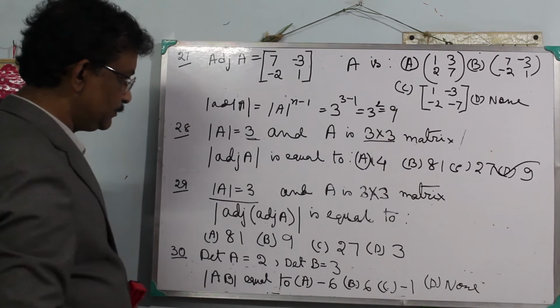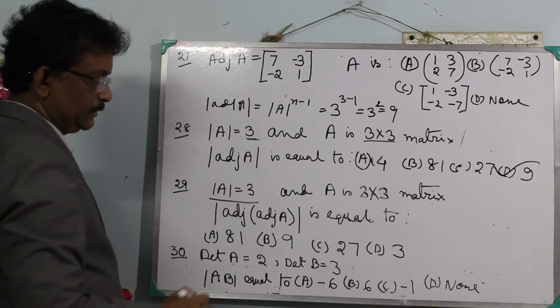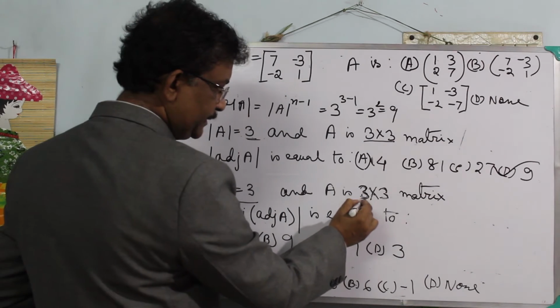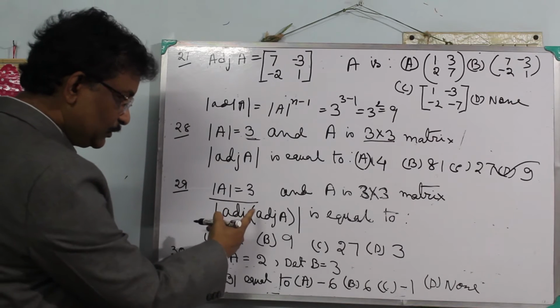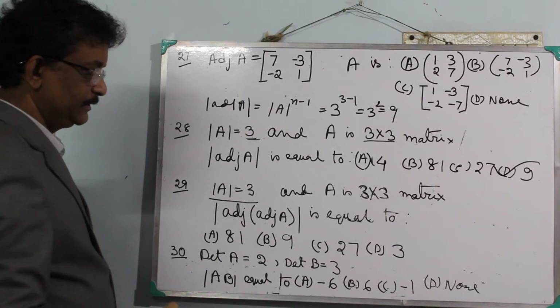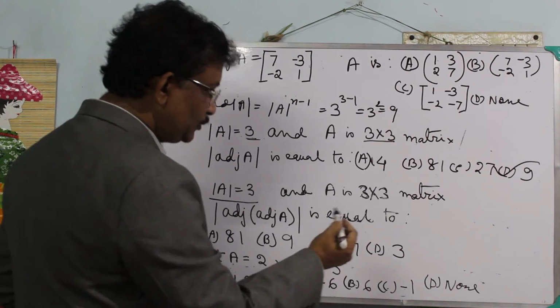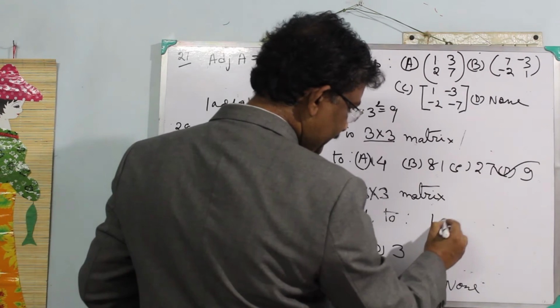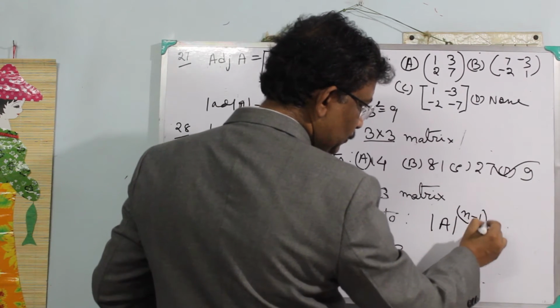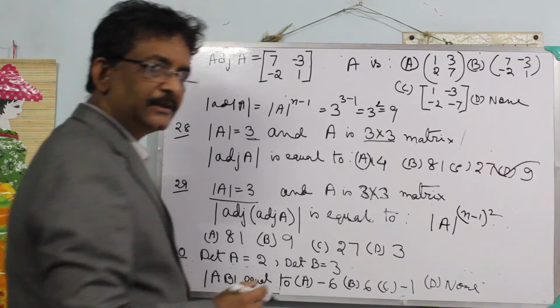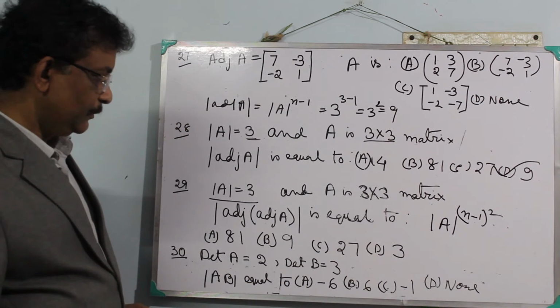Next, determinant of A is equal to 3 and A is a 3 by 3 square matrix. The determinant of adjoint A is equal to determinant A to the power n minus 1, whole square. These are mentioned in my video on matrices.